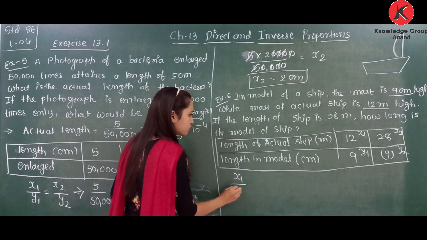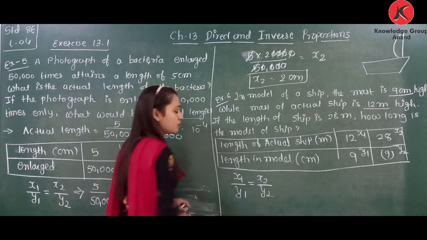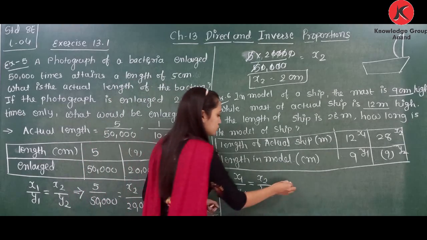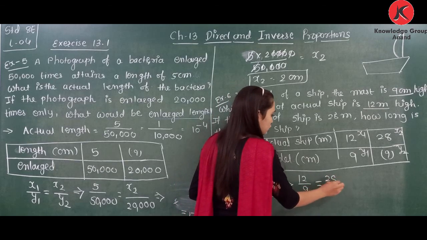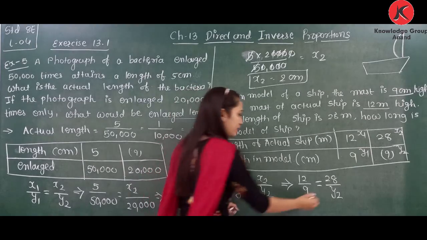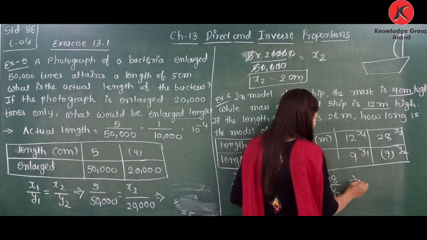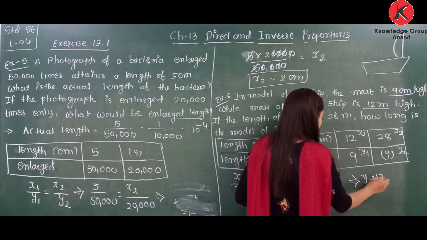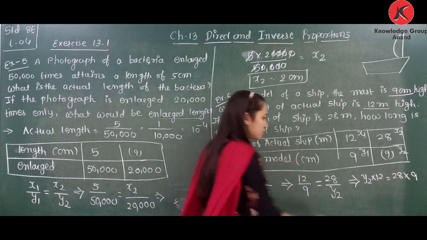So we can write x1 divided by y1 is equal to x2 divided by y2. Putting in our values, we get 12 by 9 is equal to 28 by y2. Cross multiply, 28 by 9 with 12 in the divide.